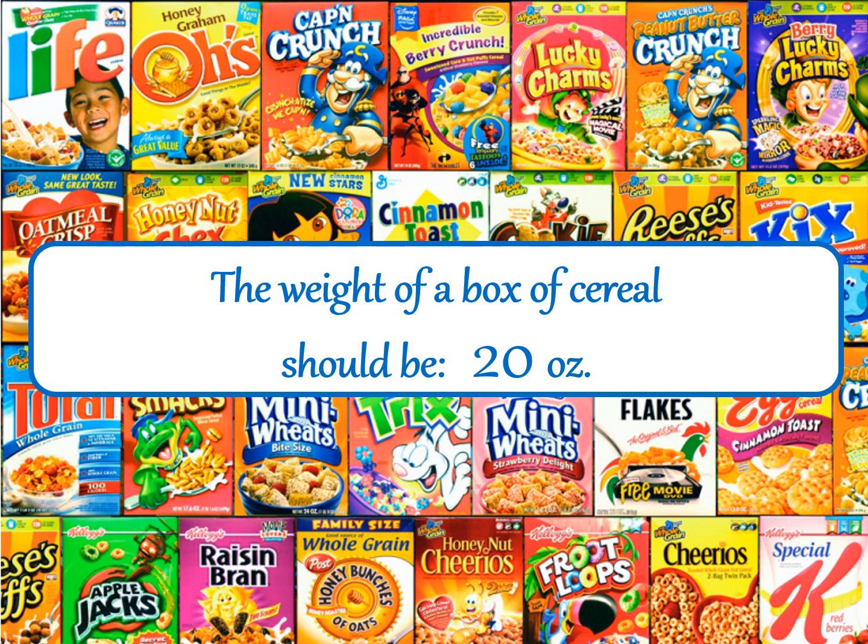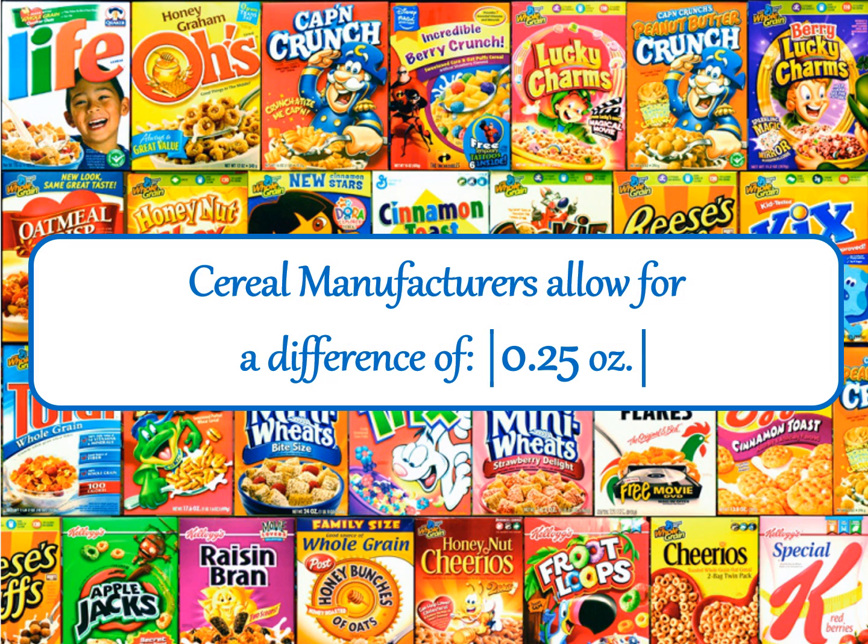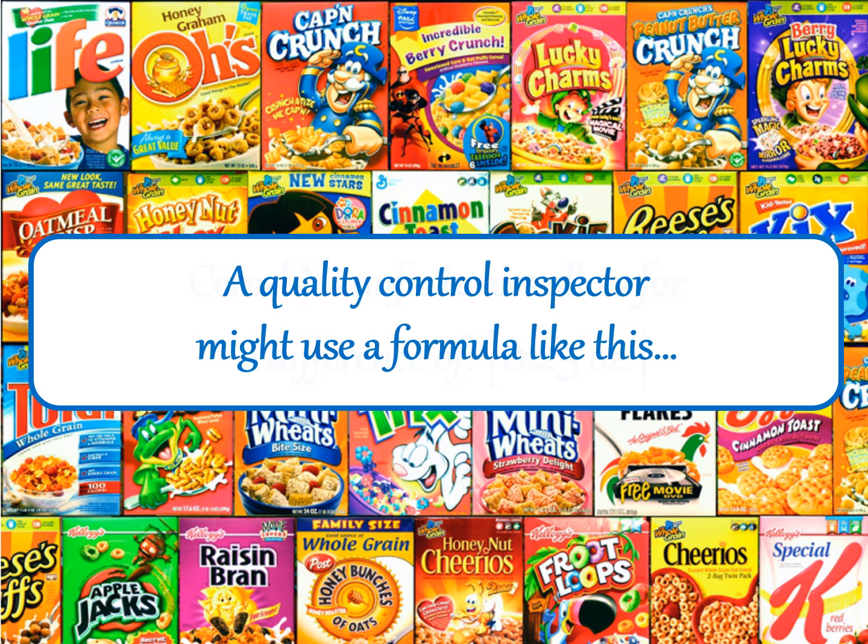The weight of a box of cereal should be 20 ounces. Cereal manufacturers allow for a difference of the absolute value of 25 hundredths of an ounce. A quality control inspector might use a formula like this.